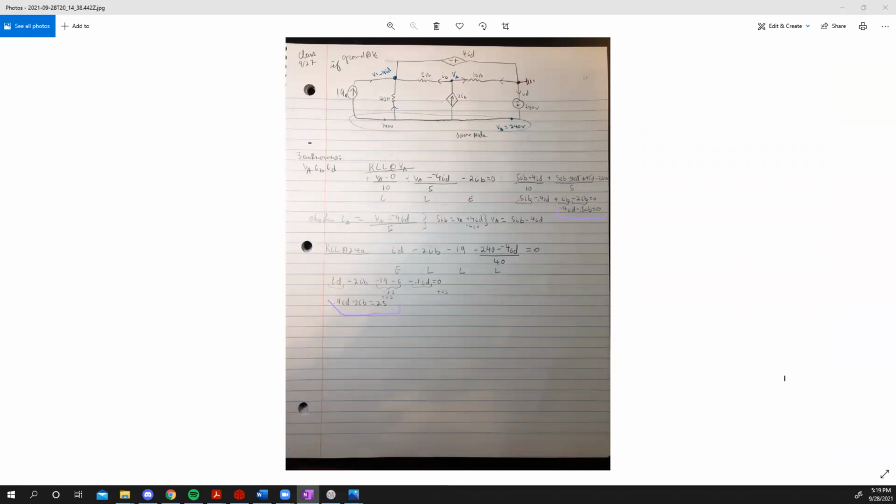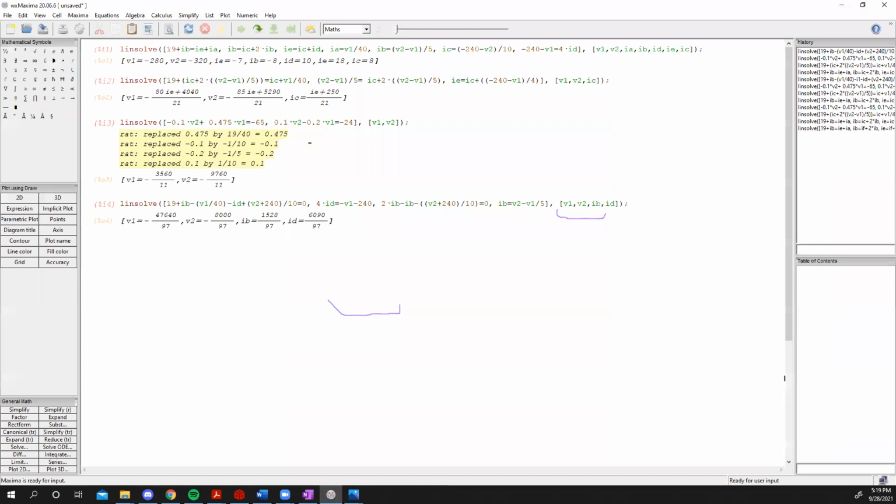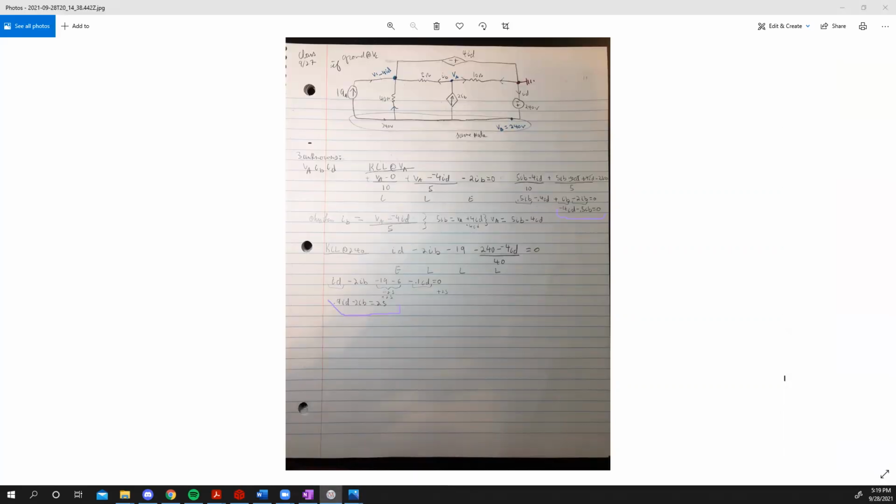So to get ID and IB, I think I got -1 and 1 instead of -8 and 10, which I'm supposed to get. So I probably just did some stupid math there too. I don't know. Give me 1 sec. Just fix this one real quick.